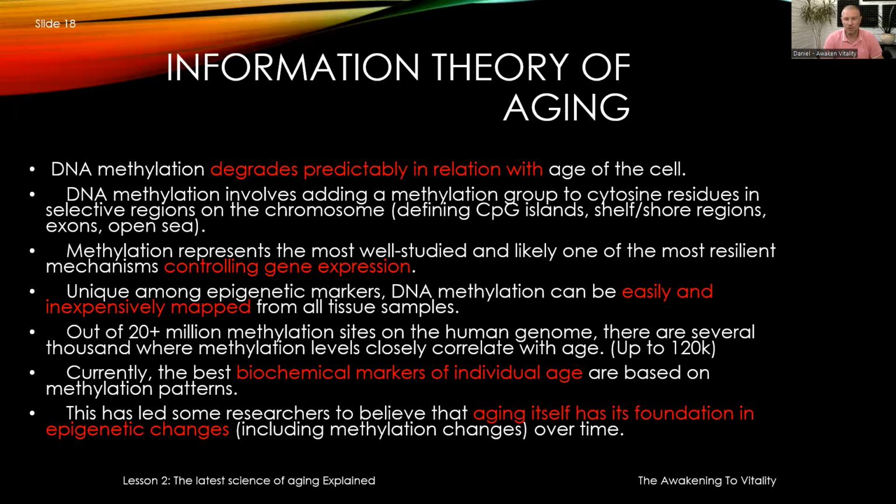Okay, so the very brief wrap-up of the information theory of aging is that we don't need to operate with chemical substances or physical problems. We are not damaged physically; rather, our organism and every cell are losing correct information.